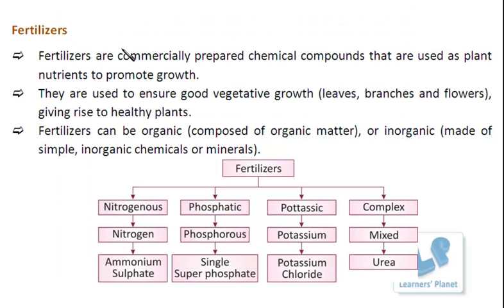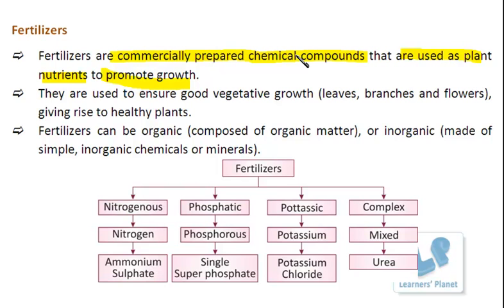So these fertilizers are defined as the commercially prepared chemical compounds which are used as the plant nutrients, or the nutrients so as to promote the plant growth. These nutrients alternatively are even provided by the manures. Manures, what are they? They are the organic compounds which are prepared by the decomposition of the plant and animal waste.